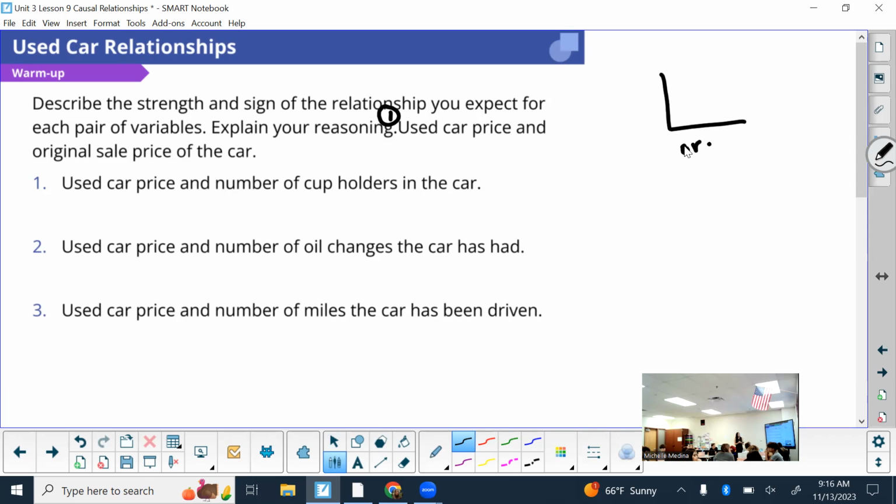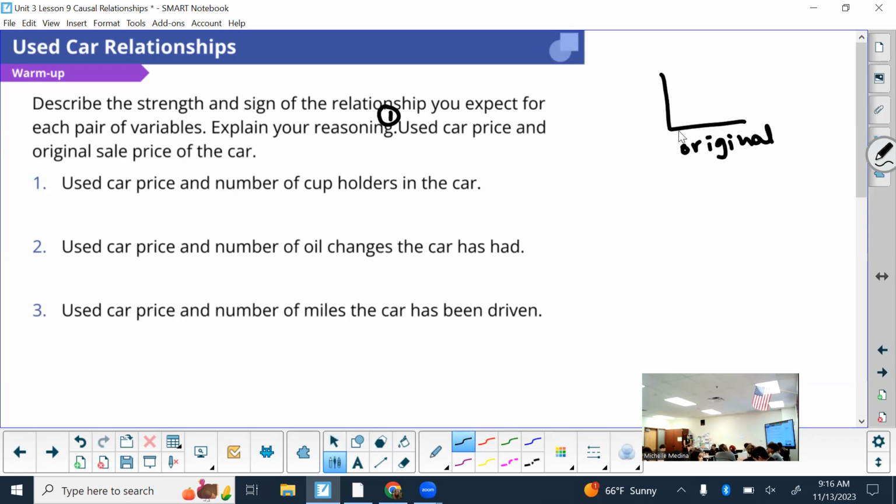Okay, good. Because wouldn't a used Rolls Royce still cost more than a used Toyota? Do we know what a Rolls Royce is? Or a Lamborghini, another expensive car? Those cars, even used, would still be worth more than a used Toyota or a used Honda or something like that.